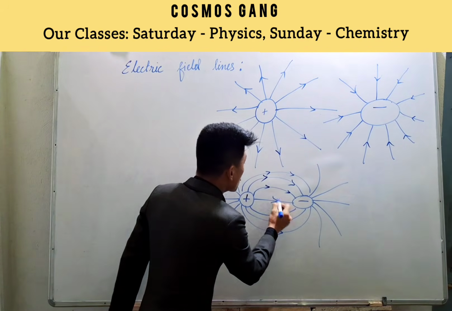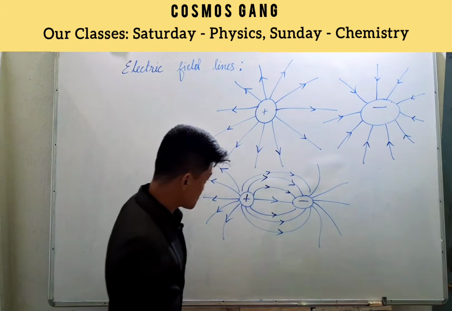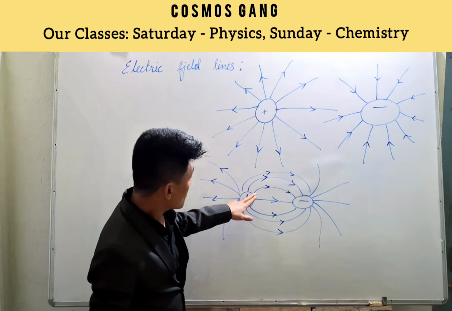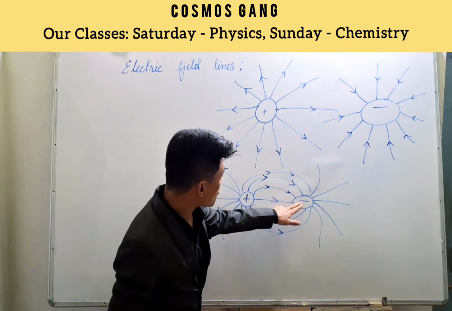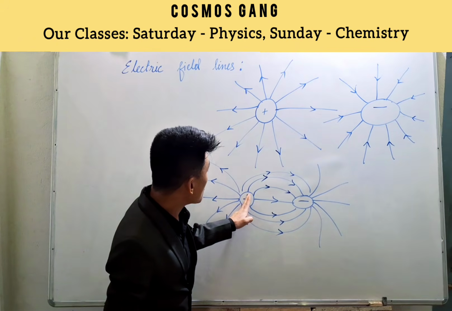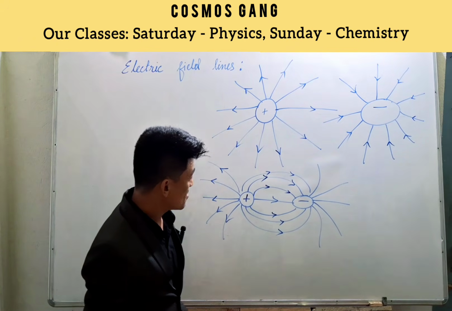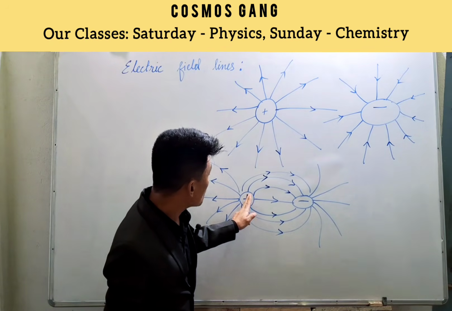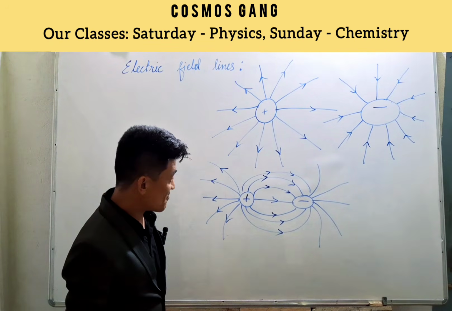It may be straight or it may be curved. For a positive and negative charge, the field lines are always directed from positive to negative.